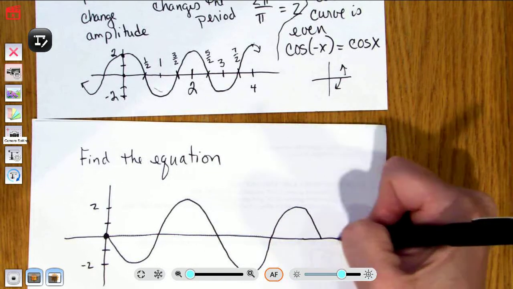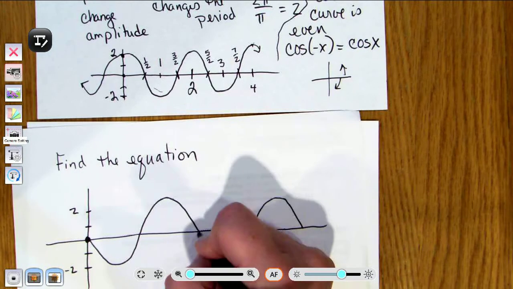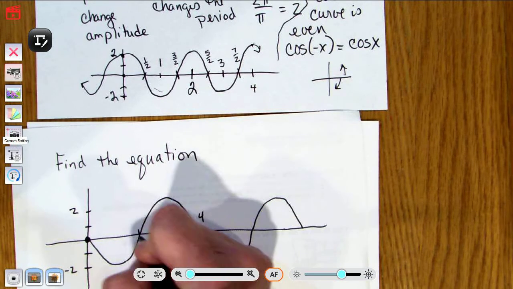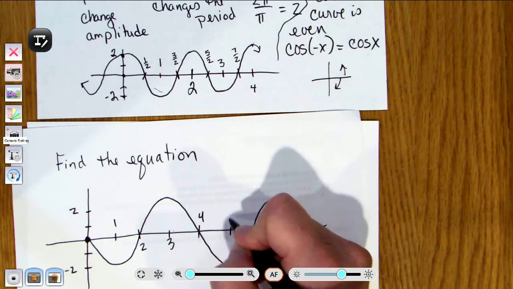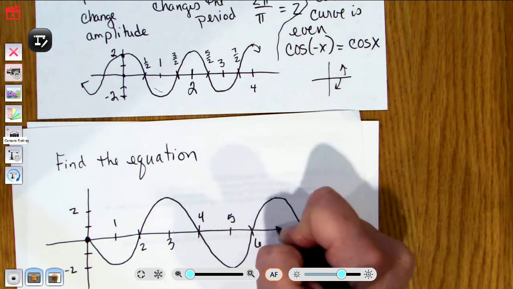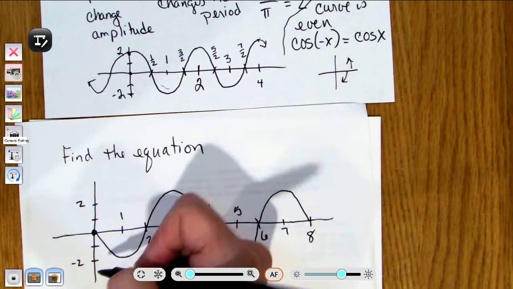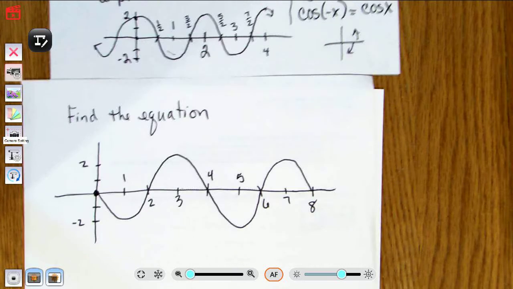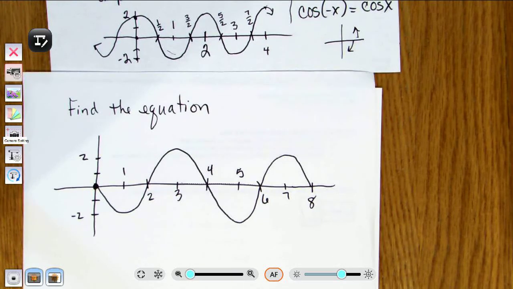That is really bad. Okay. And I'm going to tell you that this is the number 4. Here's the number 2, 1, 2, 3, 4, 5, 6, 7, and 8. We're going up and down to negative 2. Very poorly drawn picture, but you guys are used to me drawing poor pictures.